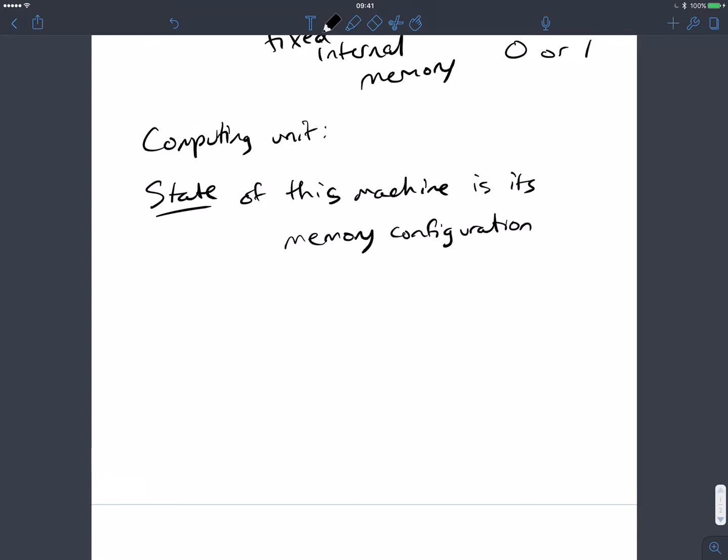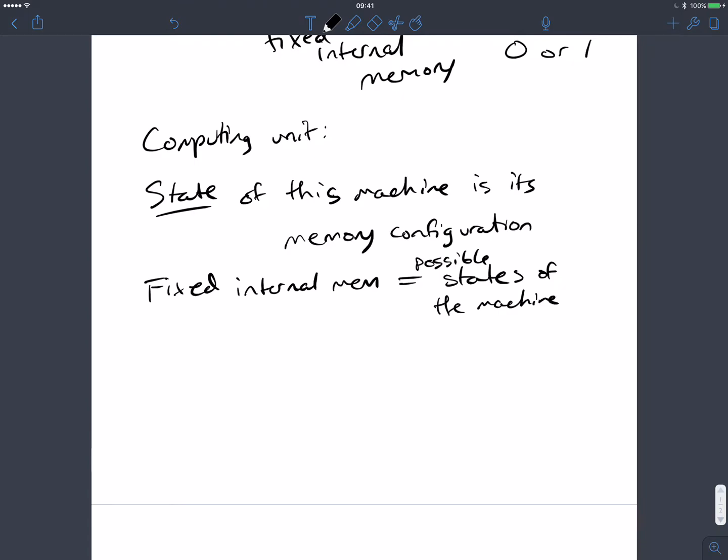And then I'm going to go to some other state. Maybe the exact same one in the case that I don't change the memory contents. Maybe I do change the memory contents, in which case I go to a different state. Okay? So the fixed internal memory is the states of the machine, or the possible states of the machine.